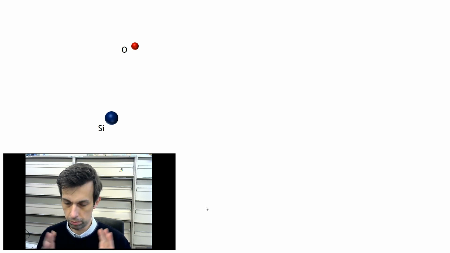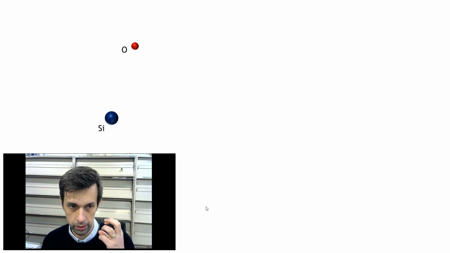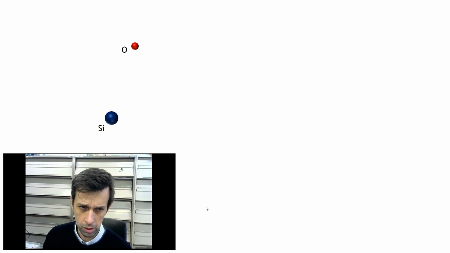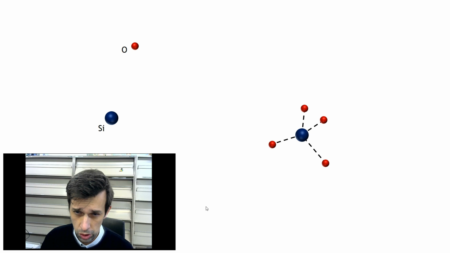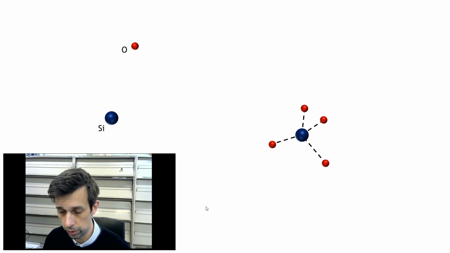Silicon-based glasses are mainly made of two elements, which are silicon and oxygen. This is because they are based on basically silicon oxide. Each atom of silicon can be connected to four atoms of oxygen, and they form this tetrahedron.